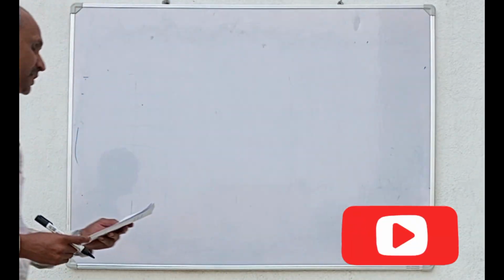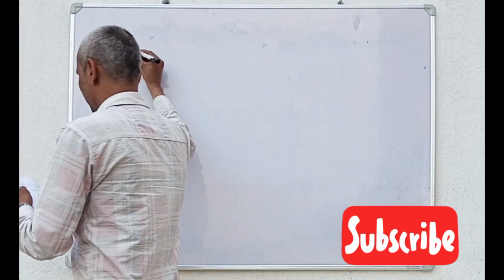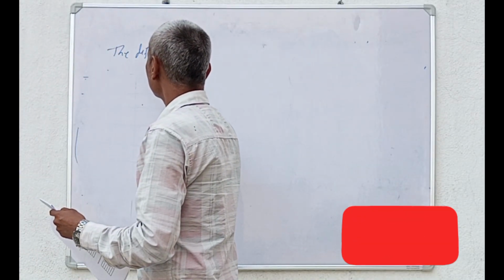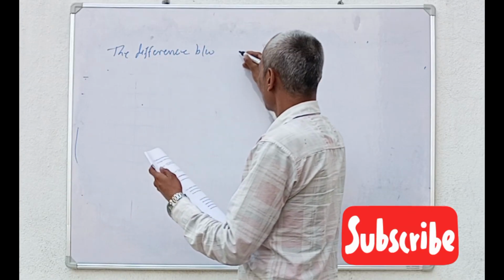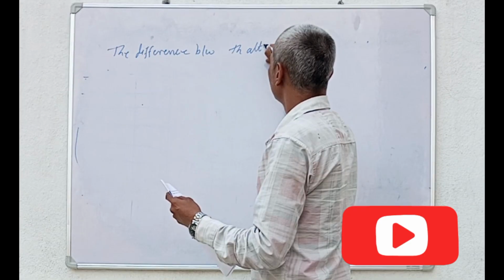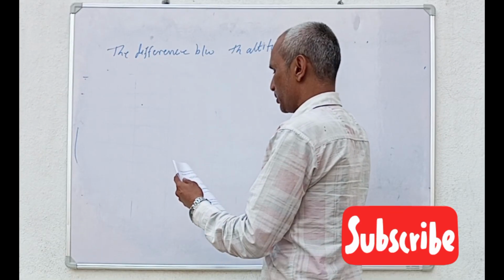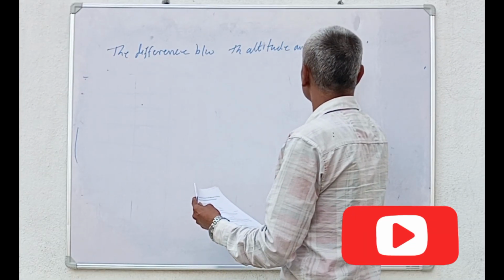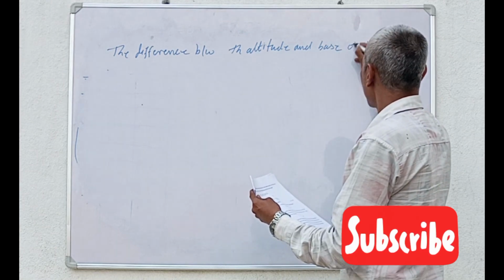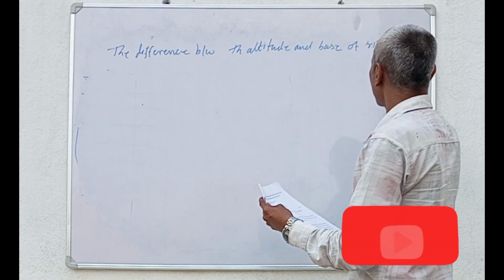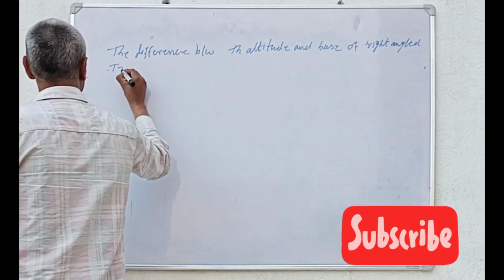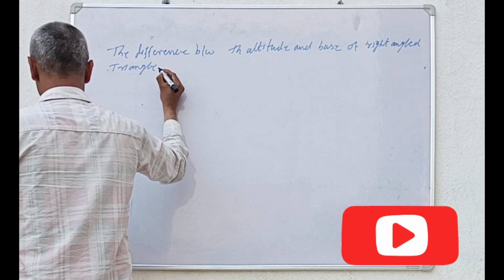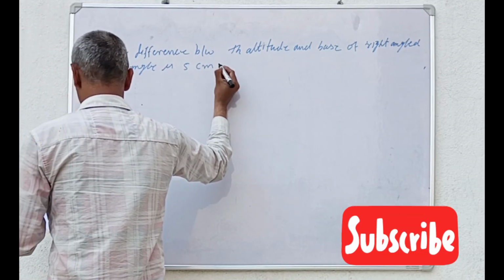The difference between the altitude and base of a right angled triangle is 5 centimeter.